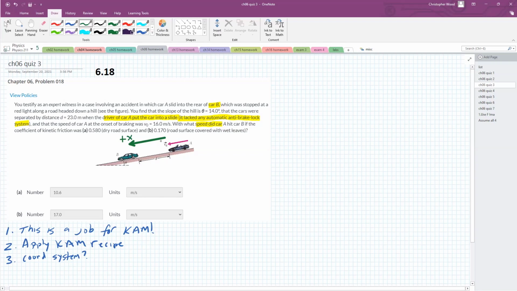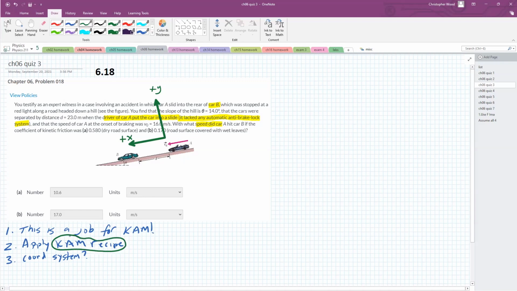Maybe it's in the opposite direction, and I'll find out soon enough. So that is my x-axis. This would be my y-axis, kind of overlapping things. Okay, I'm good to go as far as that coordinate system is concerned. Now, again, I'm doing the KAM recipe, which will be stipulated on the exam.